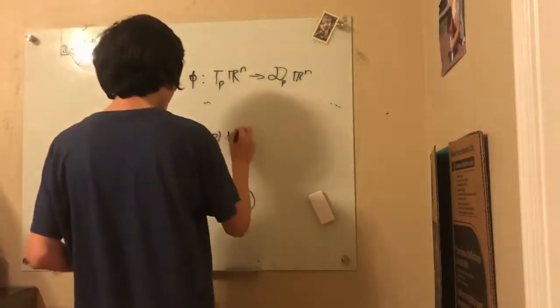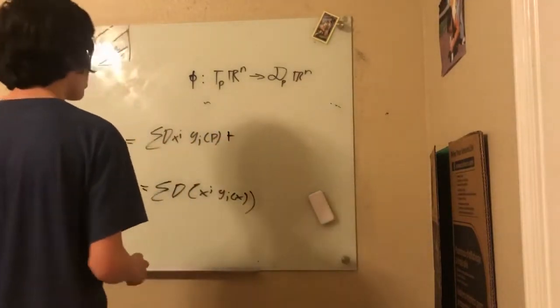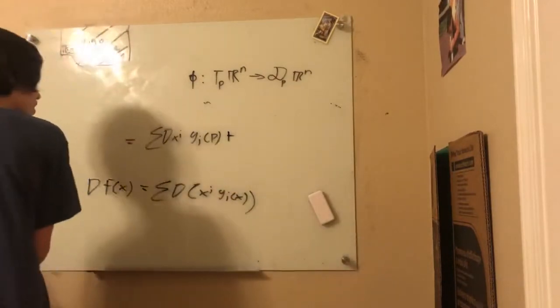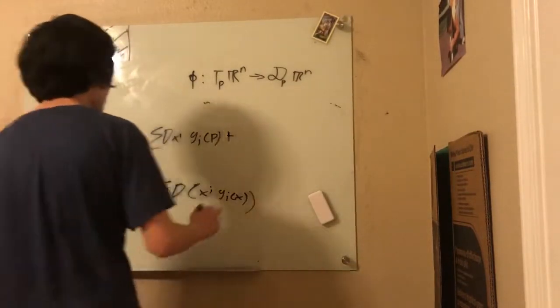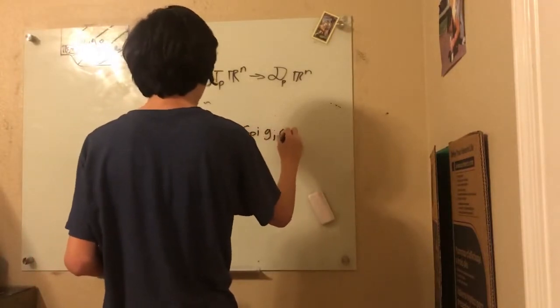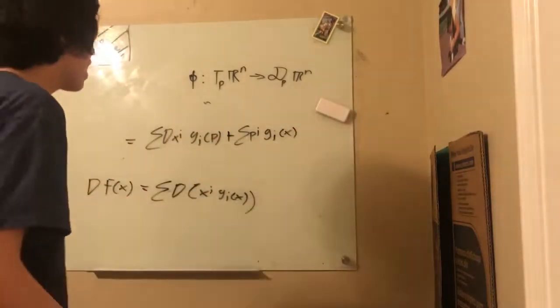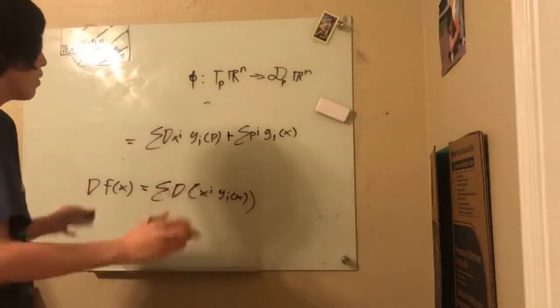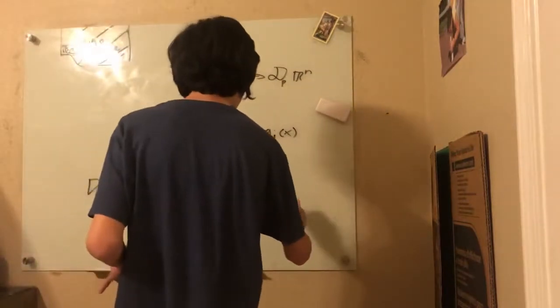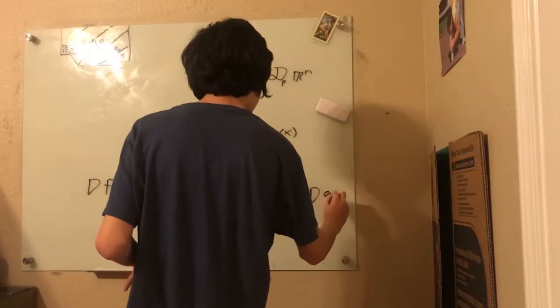Okay, so I also forgot something. Let me do this real quick though, because this is still technically correct. Sum of p_i g_i of x. So what I forgot is that p_i is a constant, sure, however, it's attached to g_i of x.